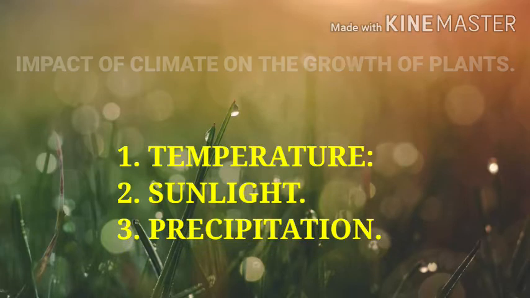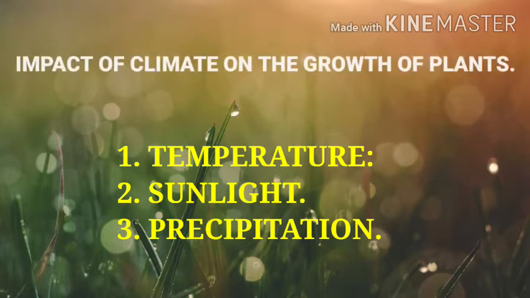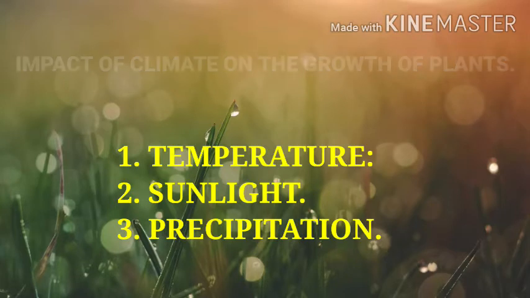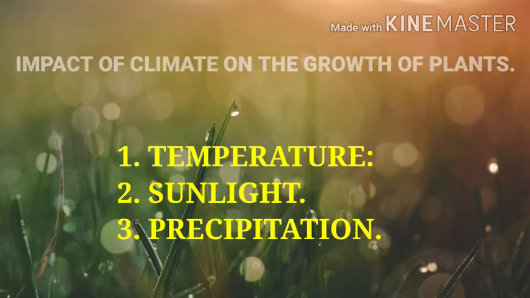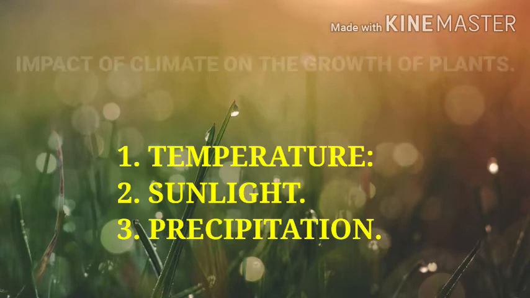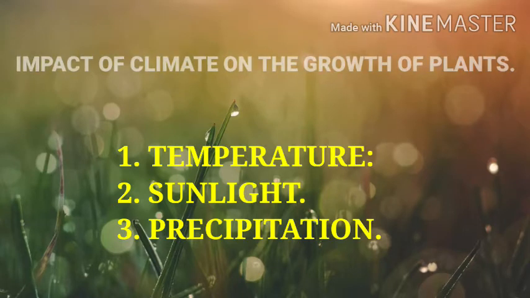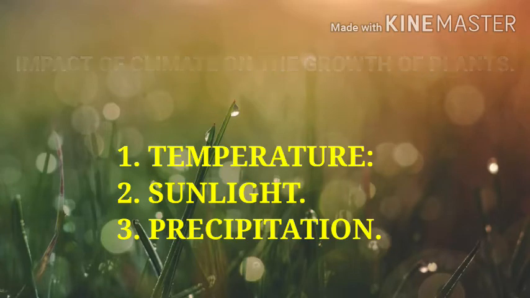When we talk about the climate, it is a term which includes three factors, namely temperature, sunlight, and precipitation or rainfall. Each of these three factors has a direct influence upon the natural vegetation and wildlife around it.